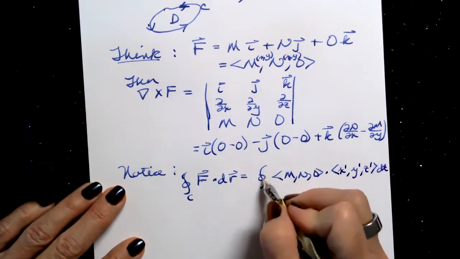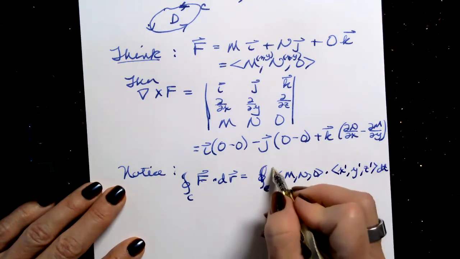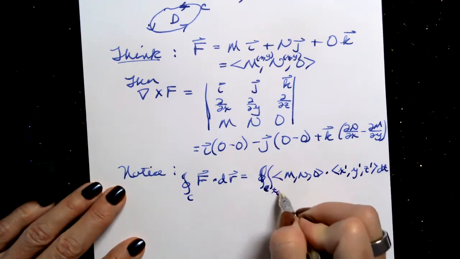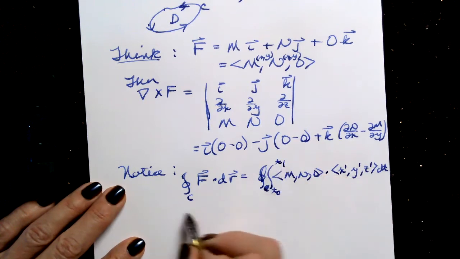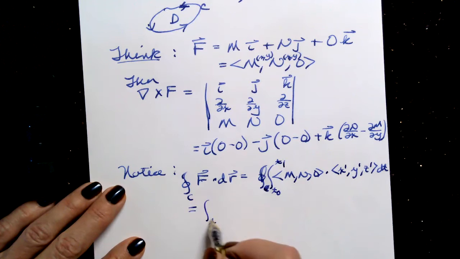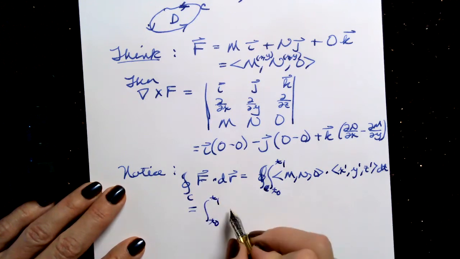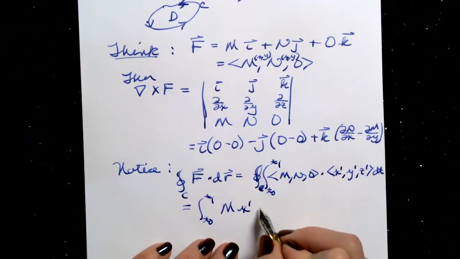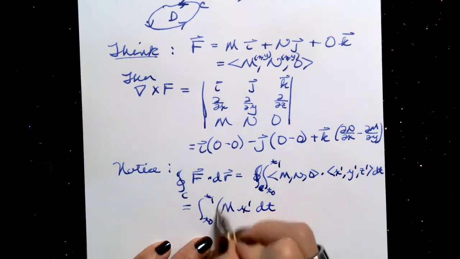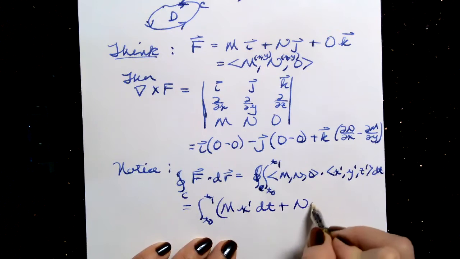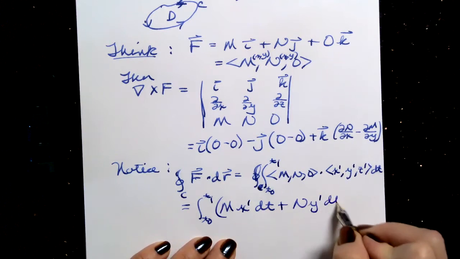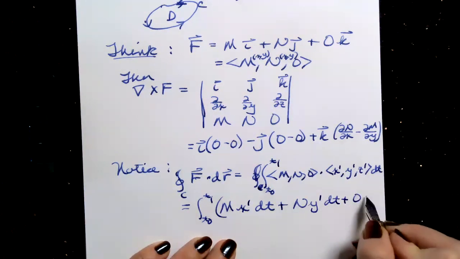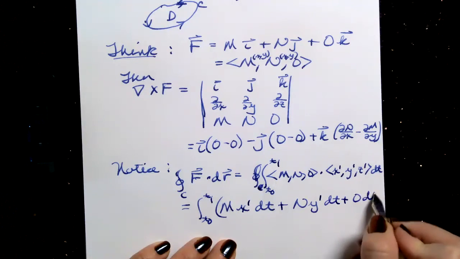And now we should integrate over the parameterization from, let's say, t0 to t1. So notice that would be the integral from t0 to t1 of M x prime of t dt plus N y prime of t dt plus 0 dt.